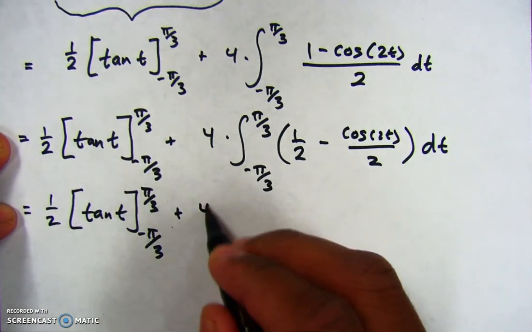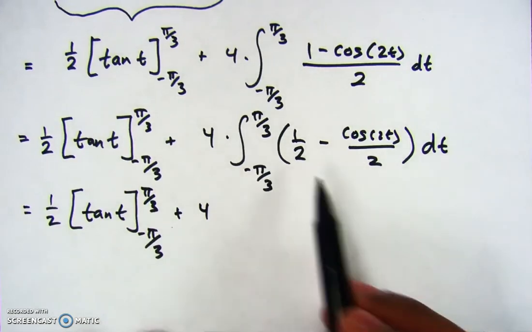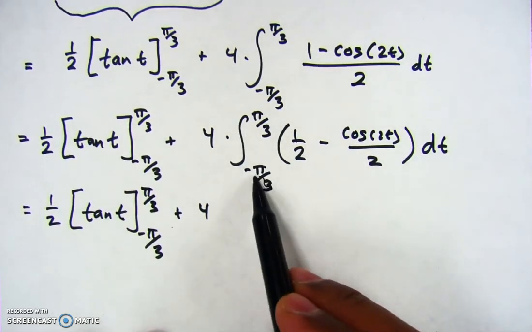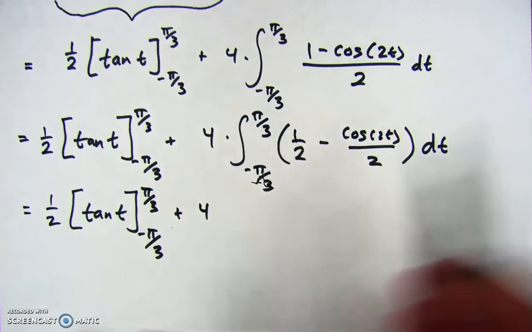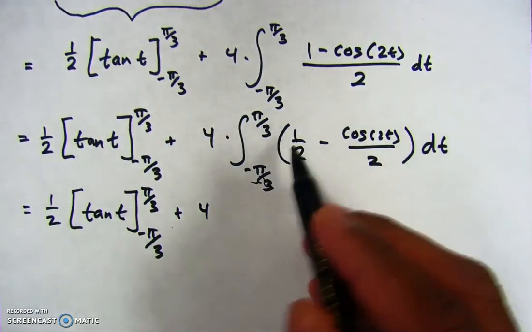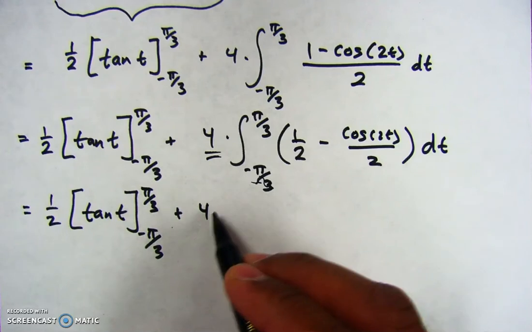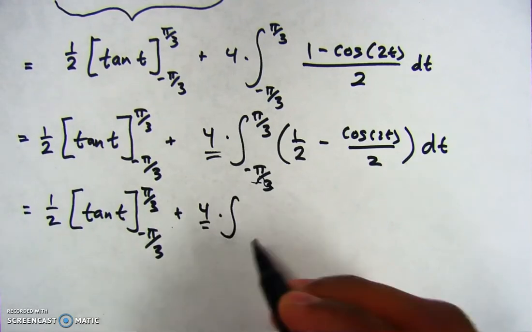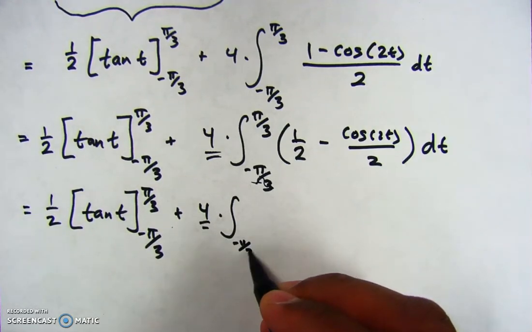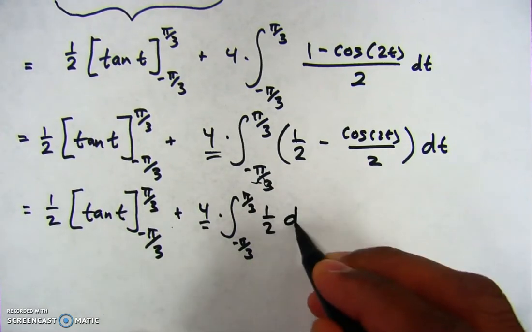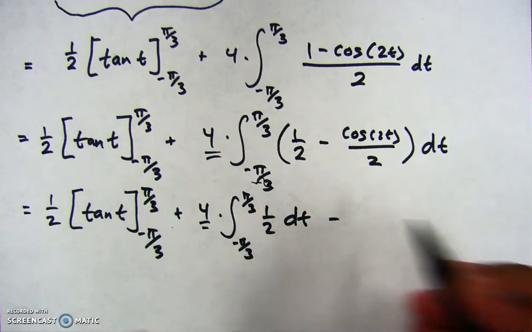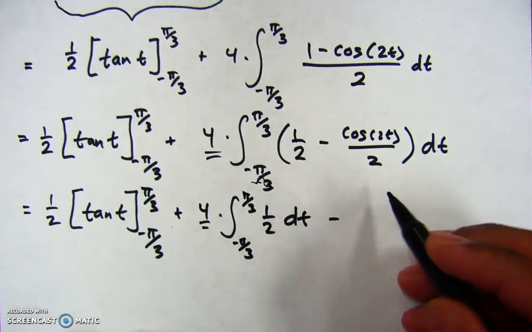And this is 4. Now, when I separate the integral of 4 times -pi/3 to +pi/3 of 1/2 minus cosine of 2t, this 4 will be attached to both of them.